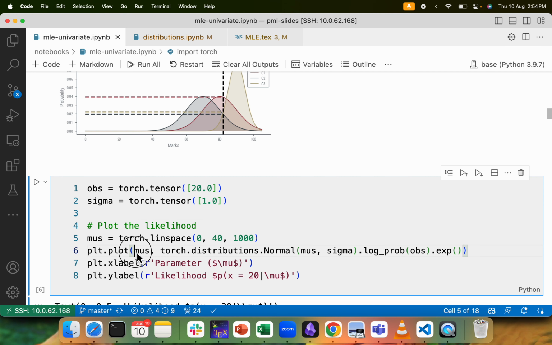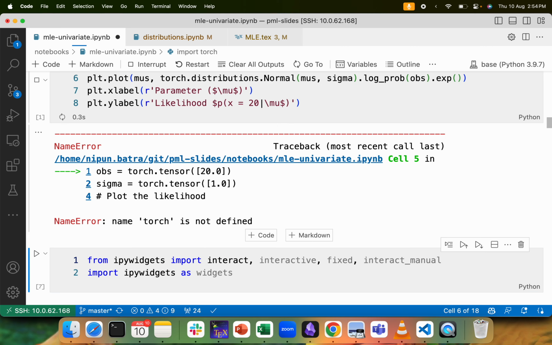Importantly, I'm plotting the line between mu's, and I'm putting a normal distribution with mu and sigma, and I'm evaluating the probability or the PDF of observing this value 20, not the other way around. We need to be very careful with that.